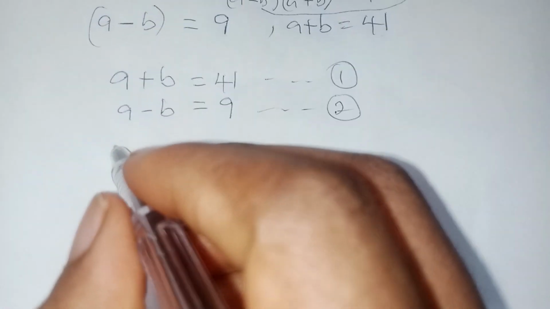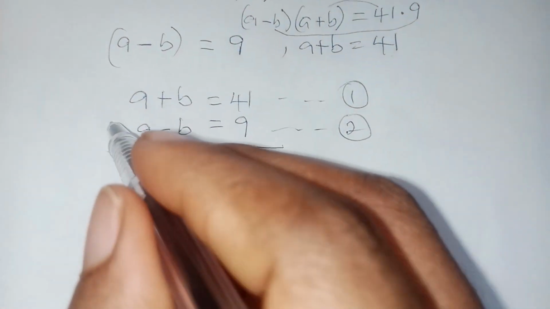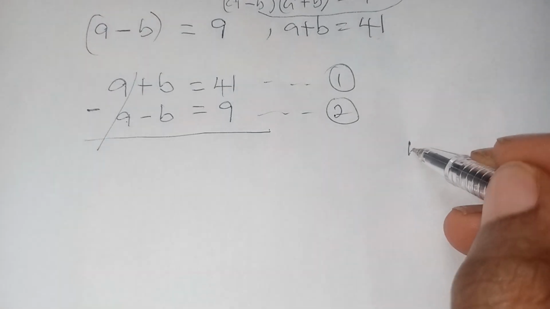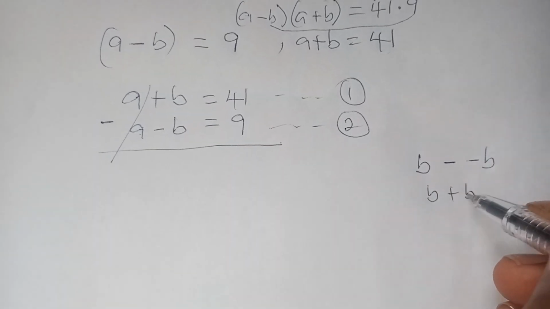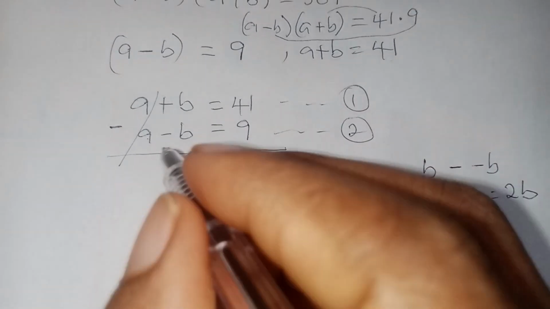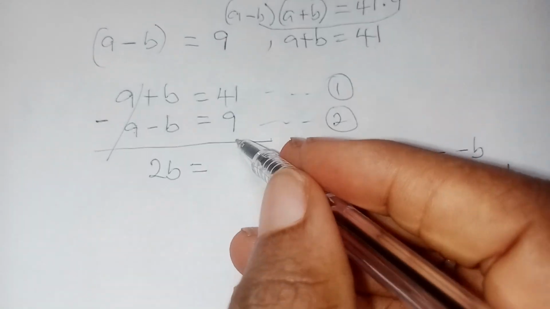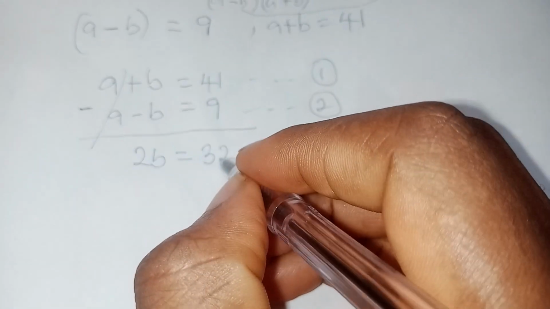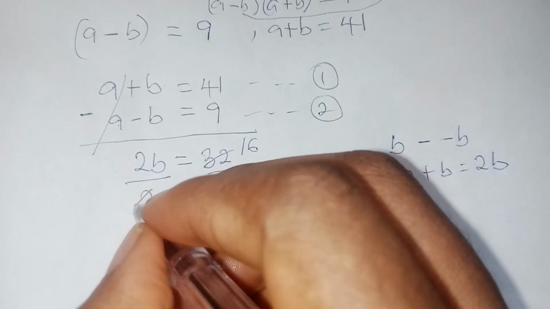So from here we have A minus A will cancel out, okay? And we have B minus B to give us B plus B to give us 2B. So we have here 2B equals 41 minus 9 will give us 32. We divide through by 2 and we have 16.